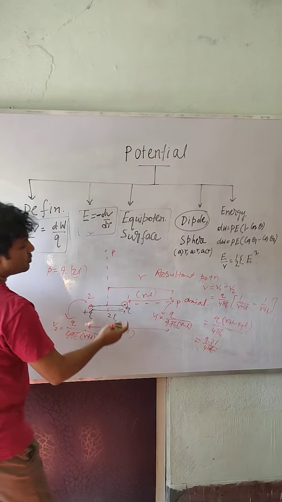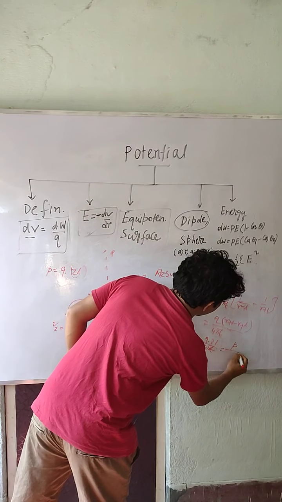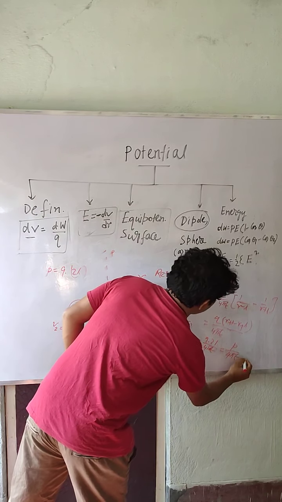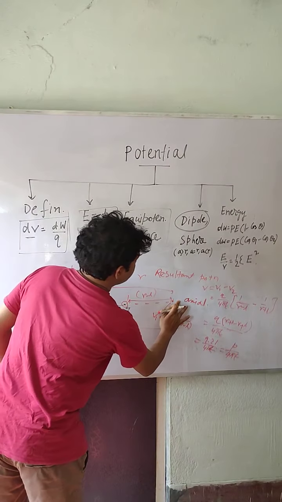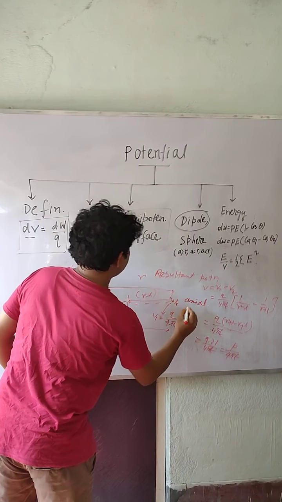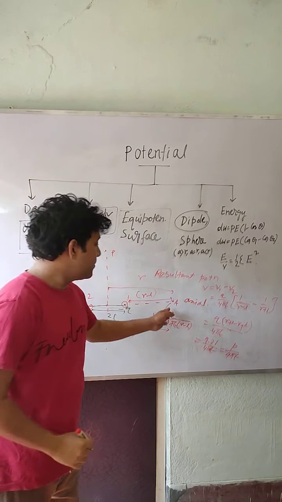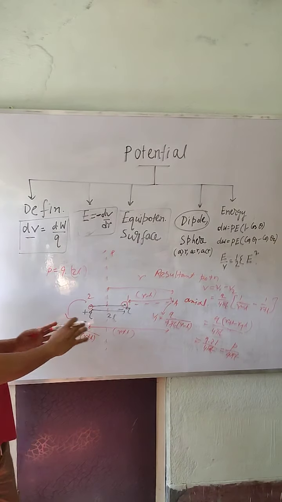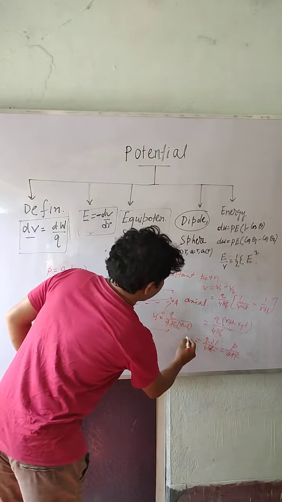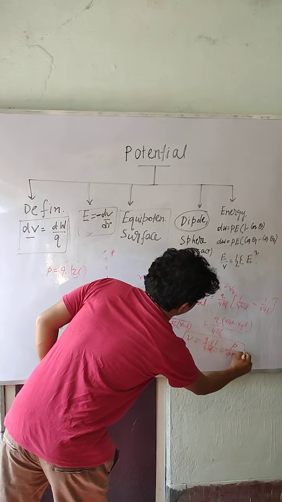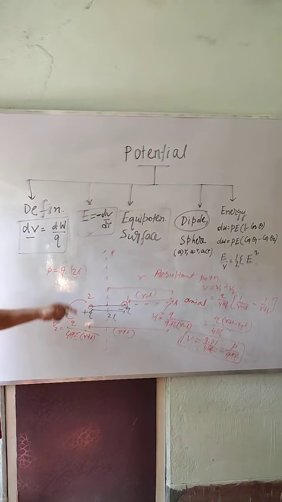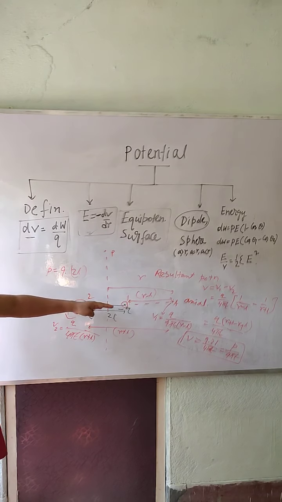So this is q into 2l, and here just put P. Now just label this point as A, which will be better to understand, because that P and this P will be mixed. So this is the electric potential for a dipole at an axial position, and it is pretty easily calculated.